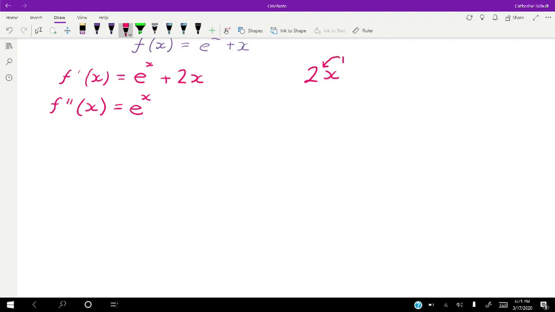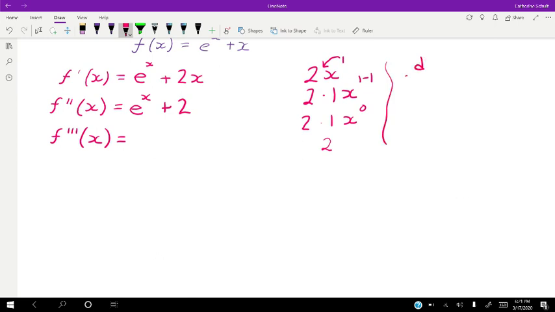We also know the derivative of x is 1. But we can use the power rule, bring down the exponent, and then what's x to the 0? X to the 0 is still 1. So it's 2 times 1 times 1. So the derivative of 2x is just the constant 2. We also could have used the rule that the derivative of x is equal to 1. But it's nice to know that we can also prove it with our power rule.